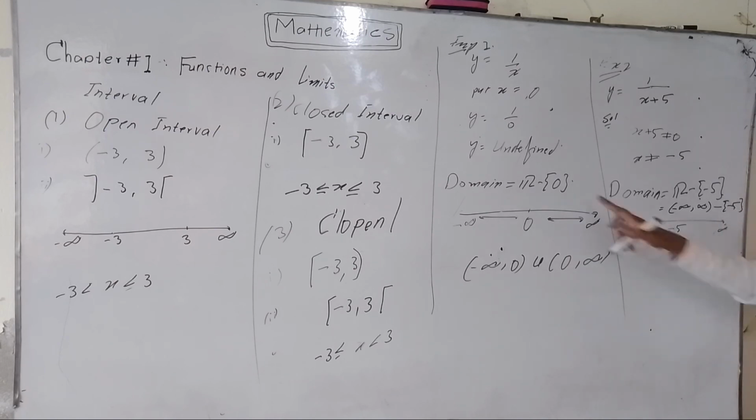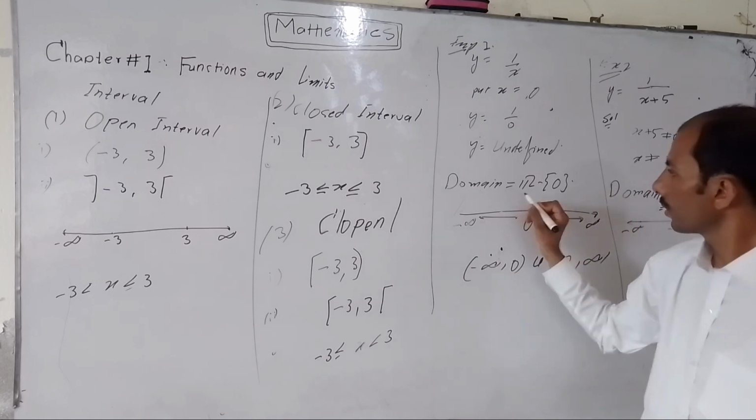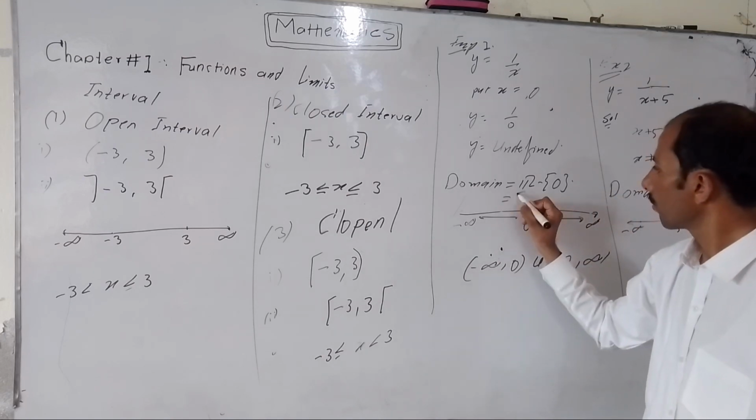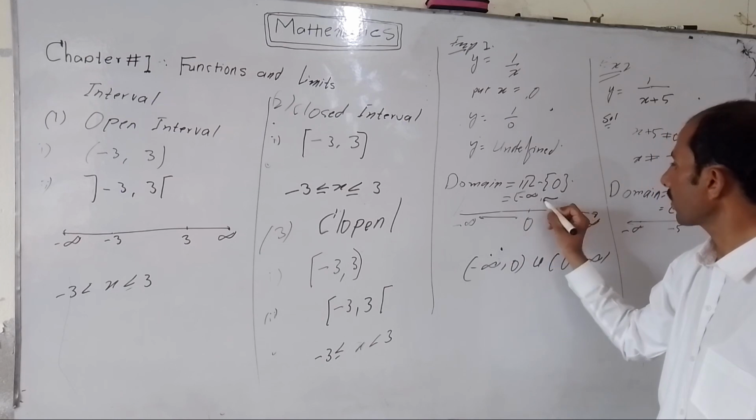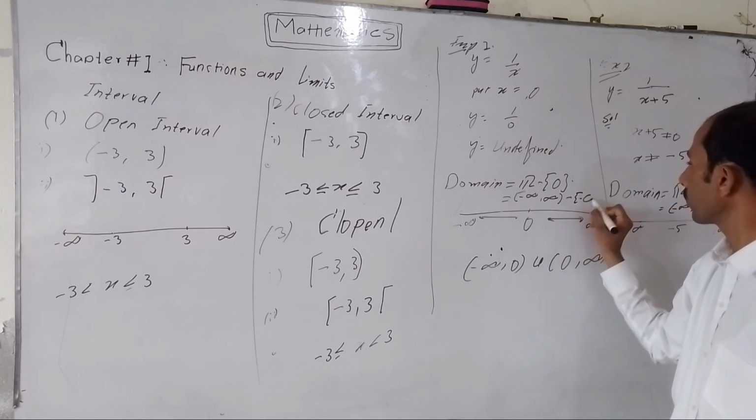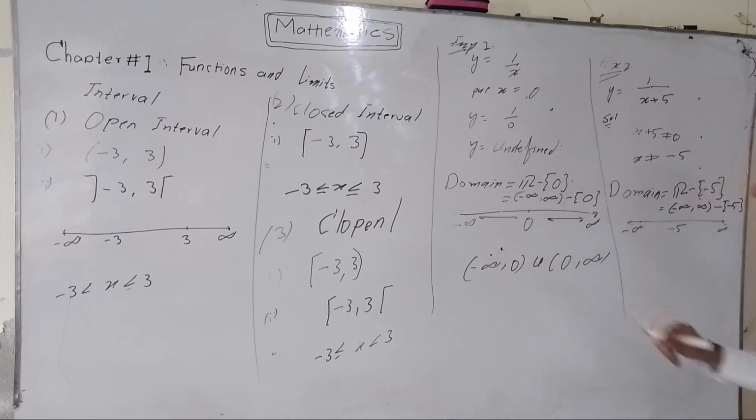So this can be written minus infinity to plus infinity minus 5. Graphical representation: one interval is minus infinity to minus 5 and the second interval is minus 5 to plus infinity. So minus infinity to minus 5 union minus 5 to plus infinity.